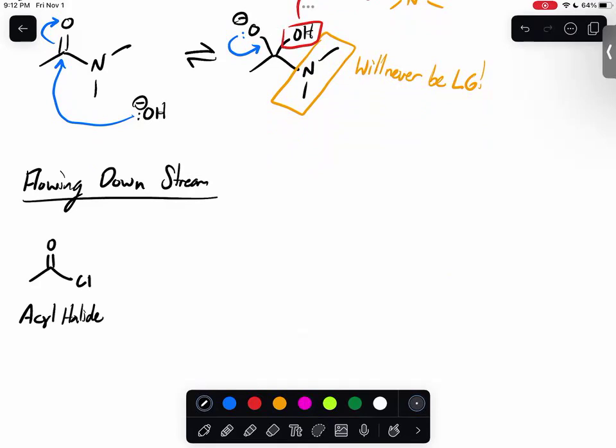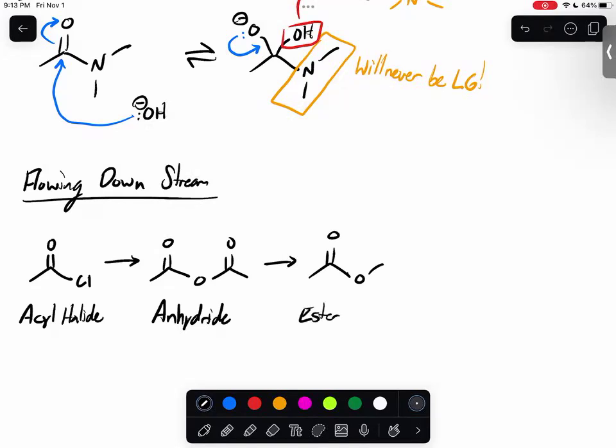If you use the acyl halide, you could, if you wanted to, transform it into an anhydride, right? The leaving group on the acyl halide is so good, you could kick it out with something like the carboxylate. From there, you could then turn this into something like an ester. That is very possible.